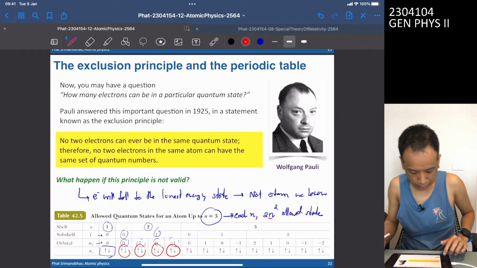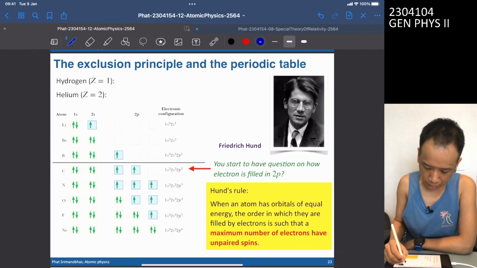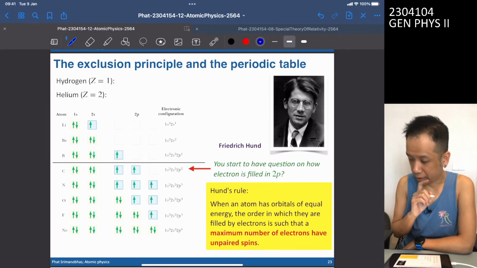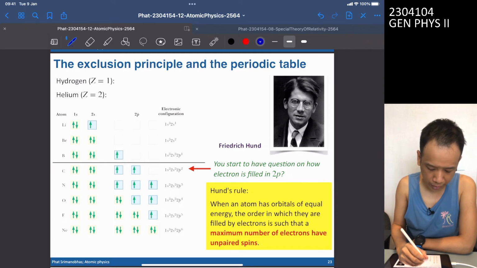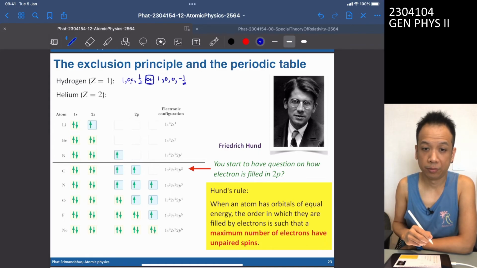Why? If we're talking about, for example, the hydrogen atom, it has 1 electron. So the wave function of the electron can be 1, 0, 0 and plus half, or 1, 0, 0 and minus half.